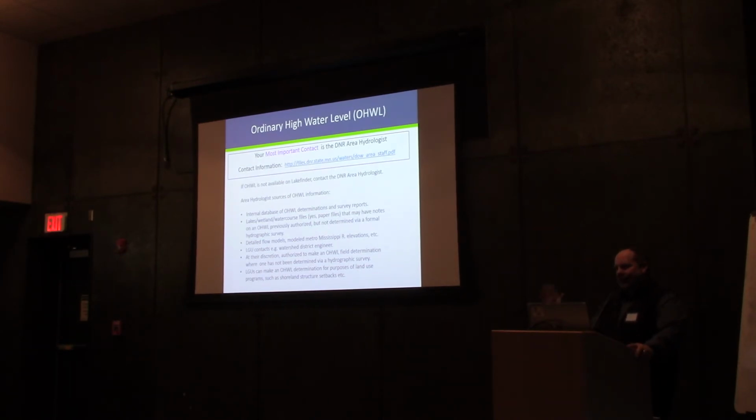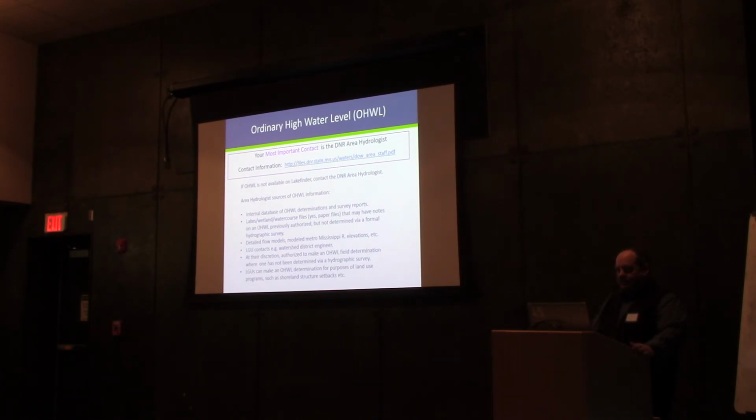And so you have to remember this program goes back. The public waters were done in the early 80s, but there had been a permit program since the DNR was regulating work since the 30s. And so there's information in some of those files that goes mainly back to about the 50s. That's usually the furthest back we have.